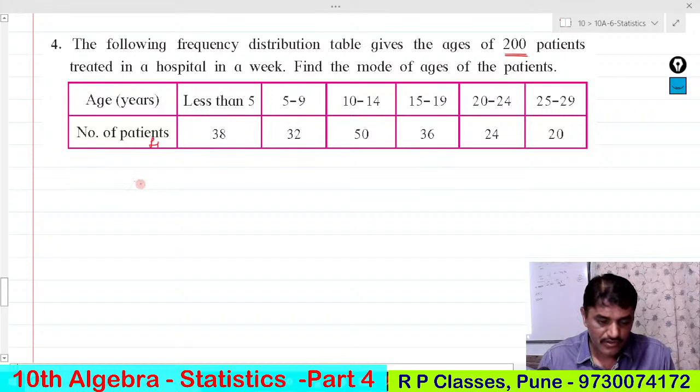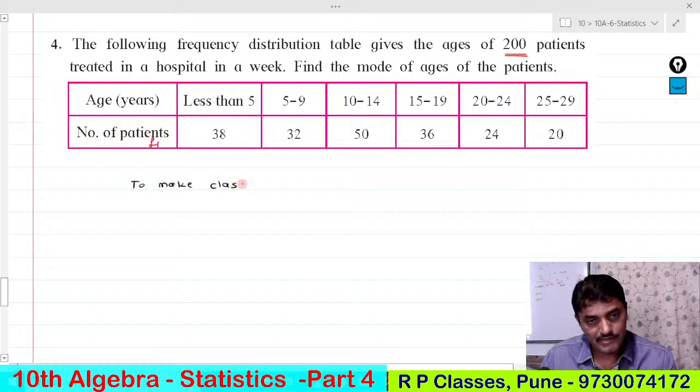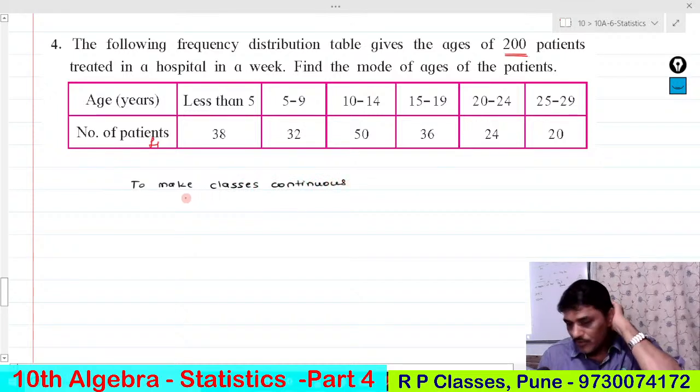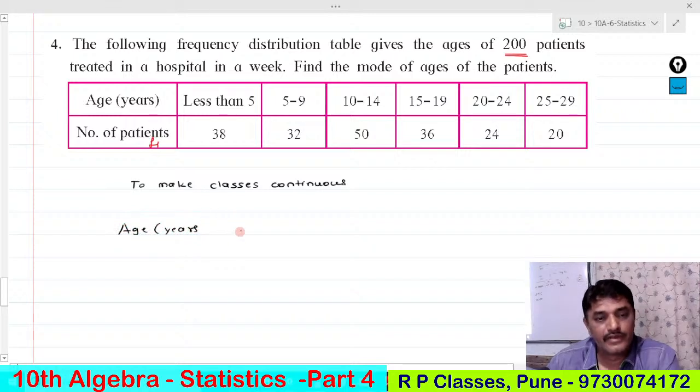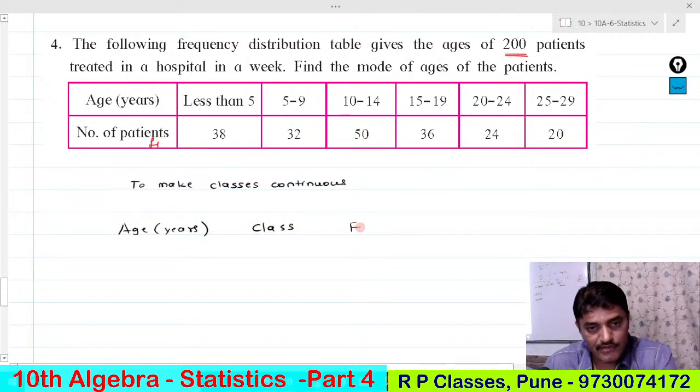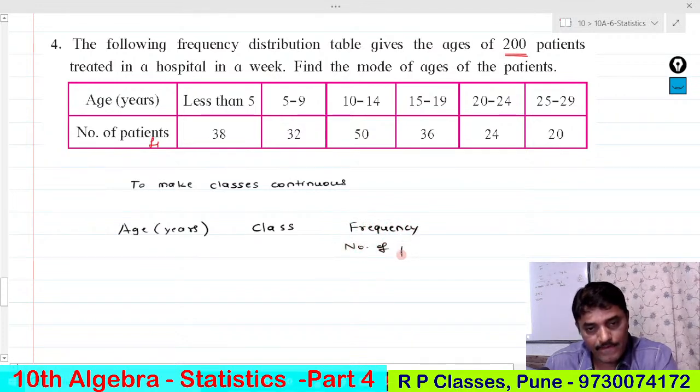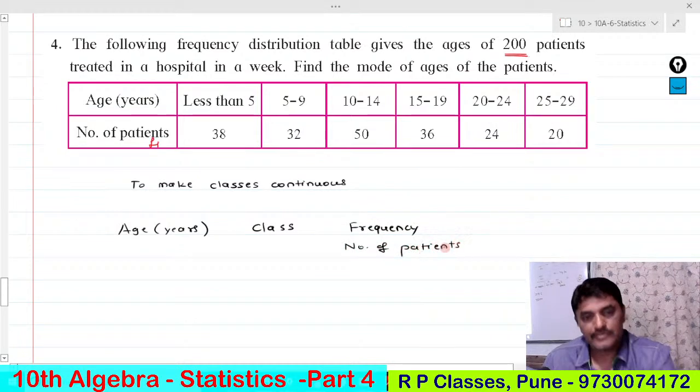To make the classes continuous, what will we do here? This is age in years, then I will convert it into classes, and then write the frequency of each class as the number of patients. Let's make it.